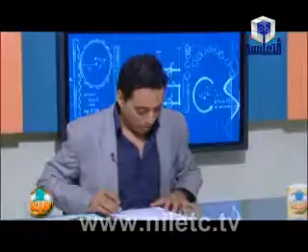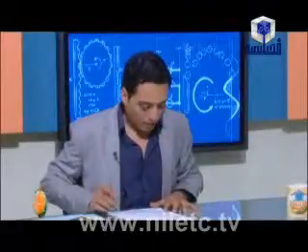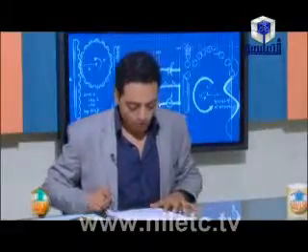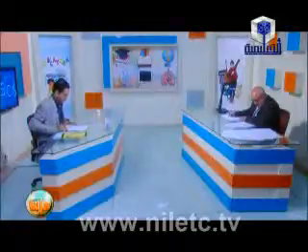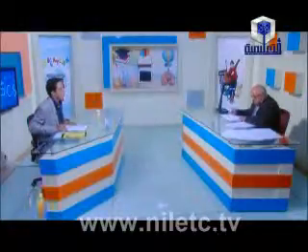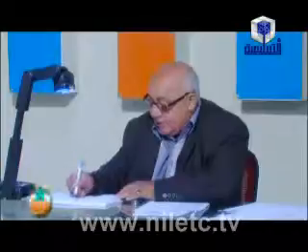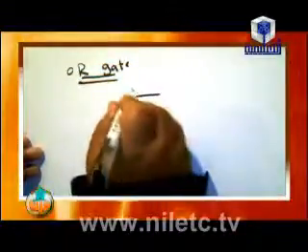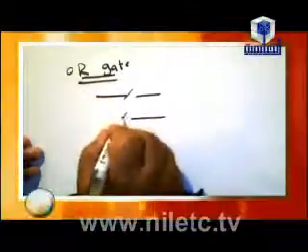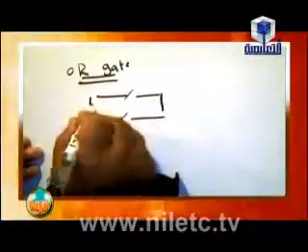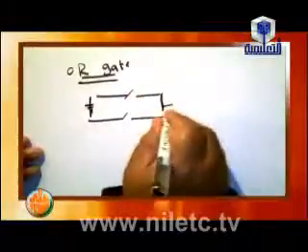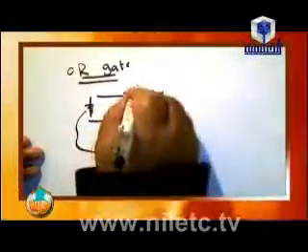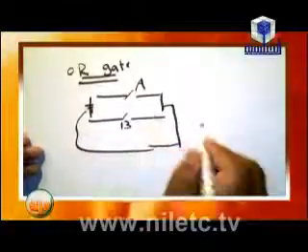Also compare between AND gate and OR gate with respect to the equivalent drawing. There is a difference between OR and AND gate. OR gate first, as shown in the figure, A and B. This is the OR gate.